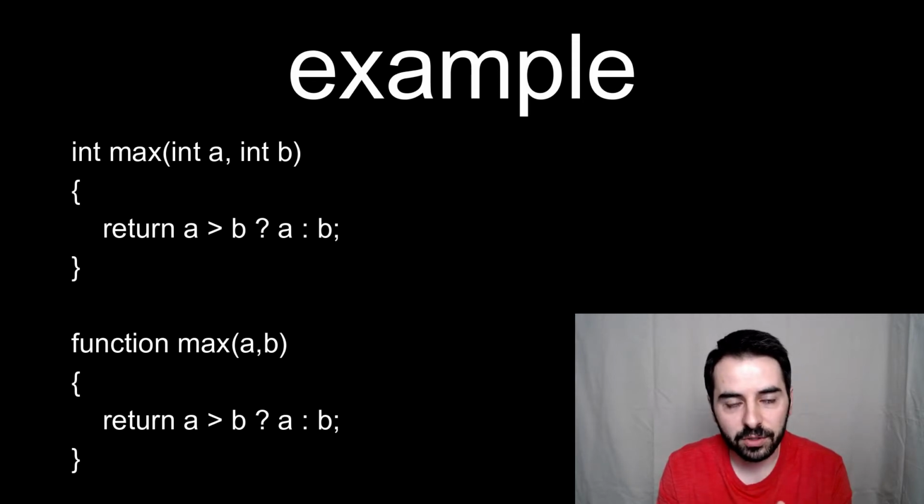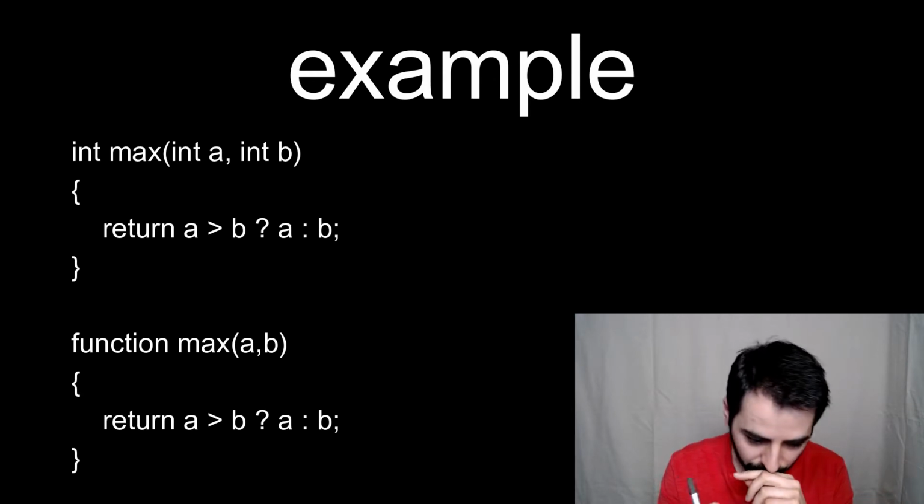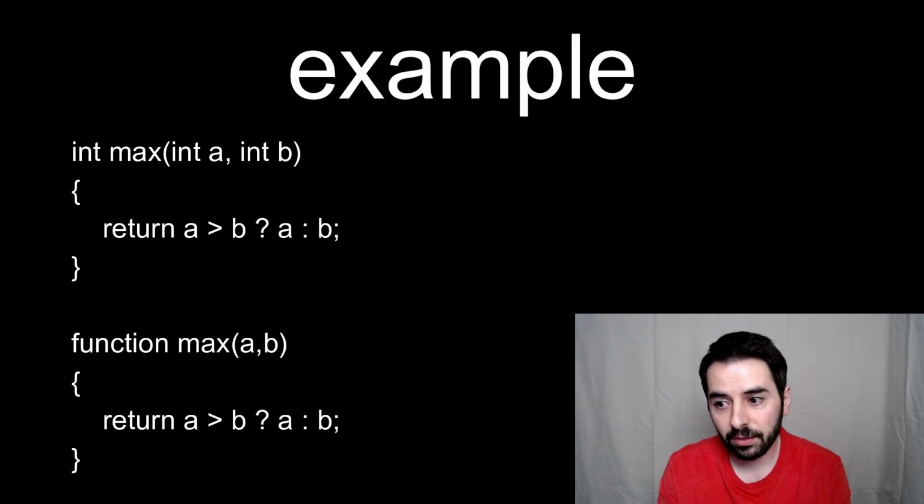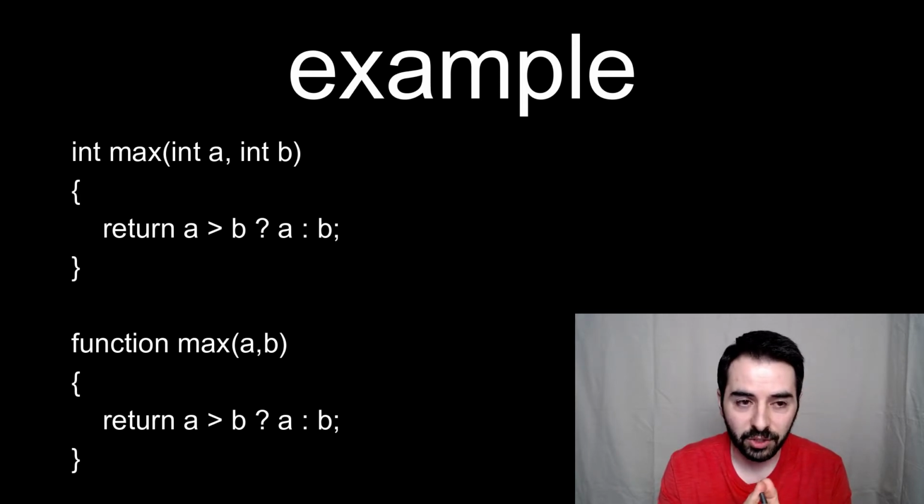And then the code is just a simple one-liner, which says if a is greater than b, then return a, otherwise return b.